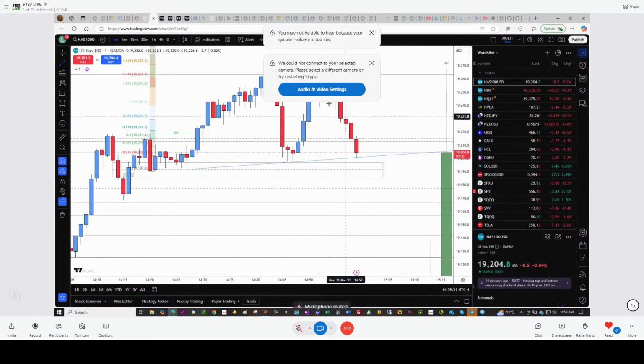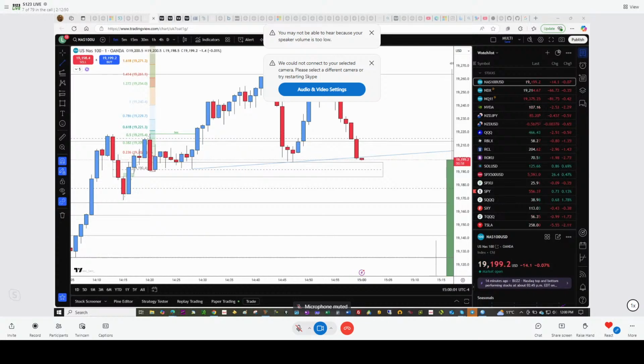So I'm looking for them to breach this low and give us a retrace back up. This could have been a sell at this point, with your stop above, so your risk is quite small. However, I didn't know if they were going to bounce one more time, so I didn't want to take that risk. They've come very close to breaking that low, but they didn't do it.